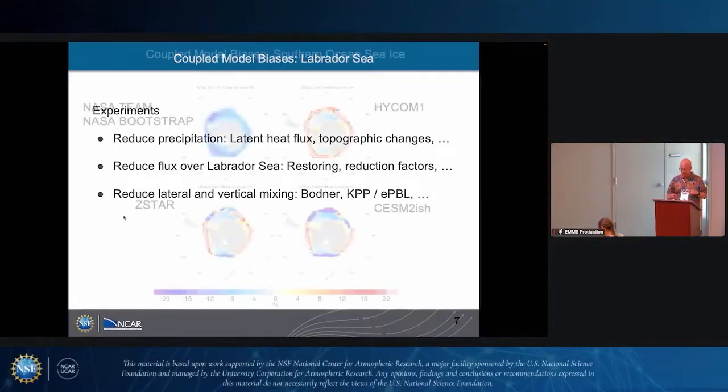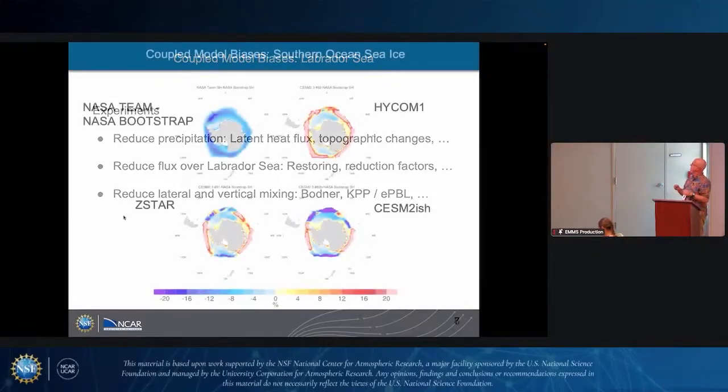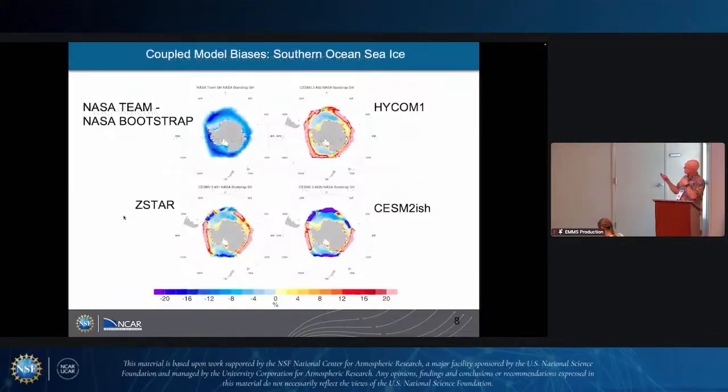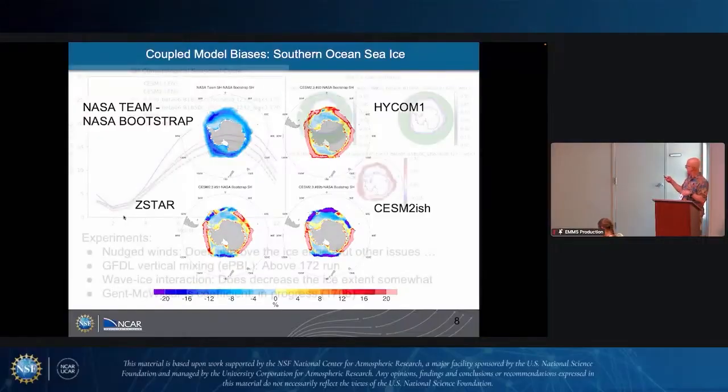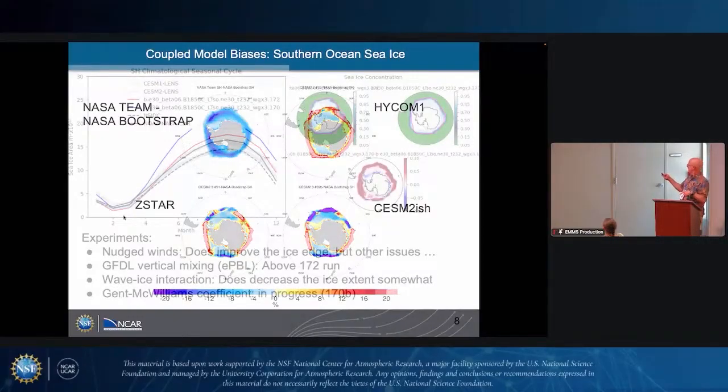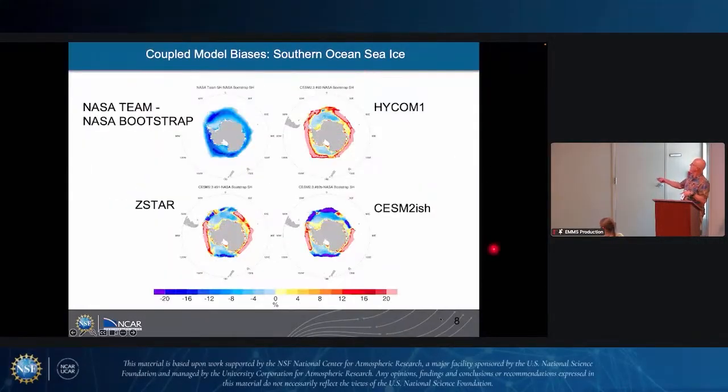The other interesting thing, back to the OBS and then the model, is that we noticed that the Antarctic sea ice extent has been expanding very much. And when you looked at the seasonal cycle in a CSM2-ish configuration, the seasonal cycle was actually really good and compared very well to the OBS.